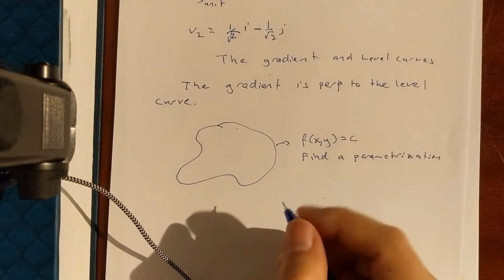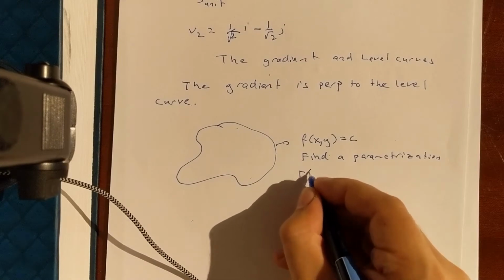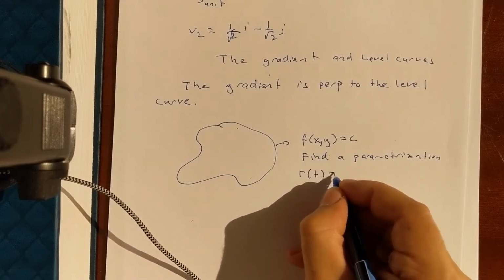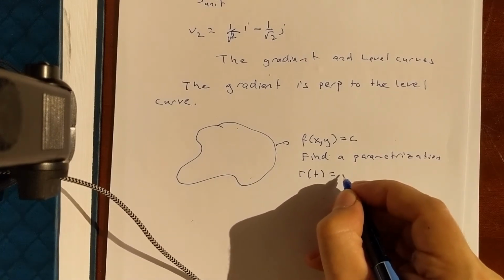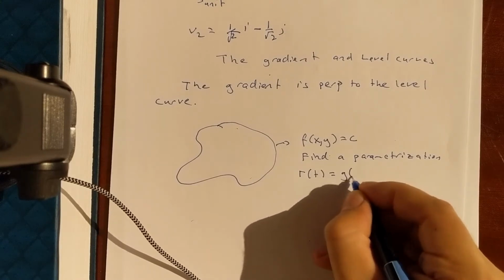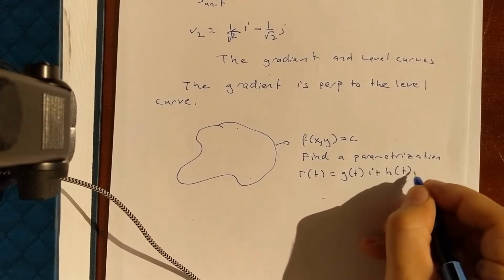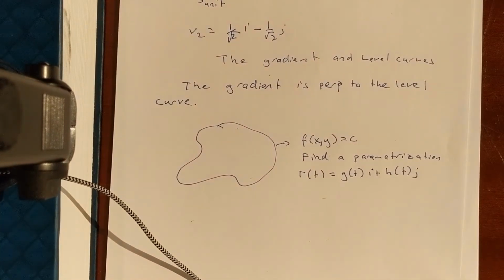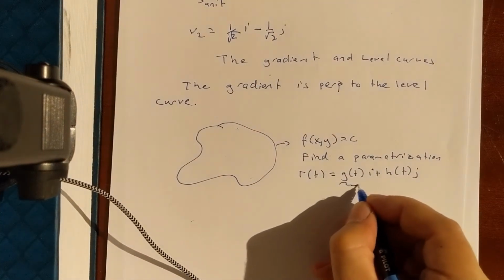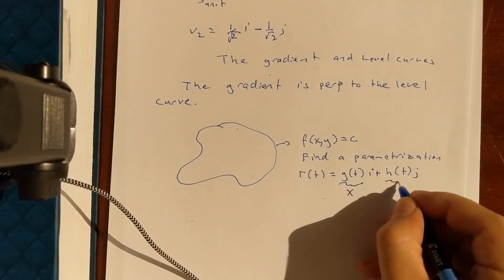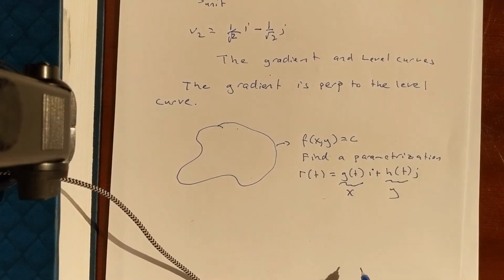We described it as r of t, smooth curve. So it was g of t i plus h of t j. Okay, we describe it like that. So this would be my x component, and this would give me my y component.